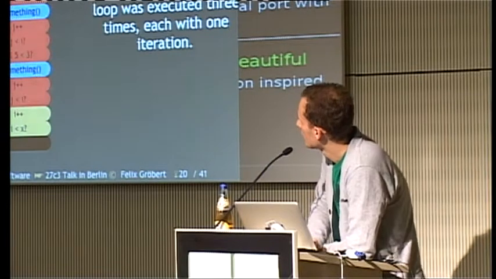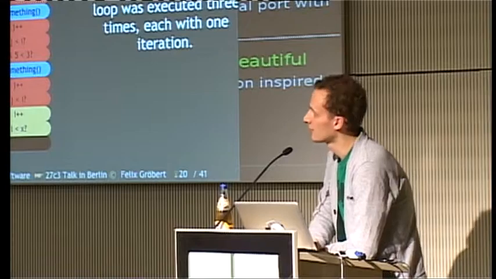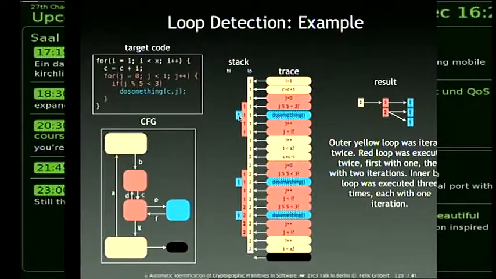So the result of this example is that the outer yellow loop is executed 2 times, and the inner red loops are iterated once and twice, and then again each call the blue basic block for one iteration.